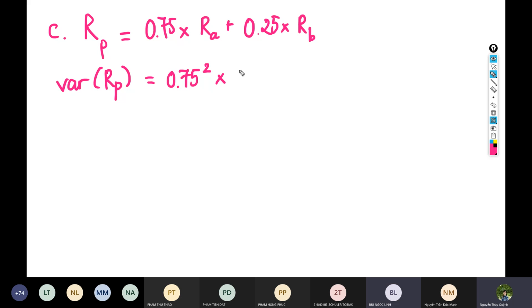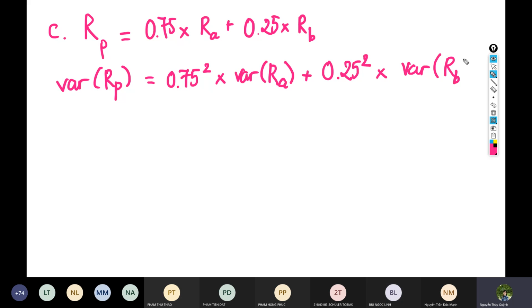Plus 0.25 squared, multiplied by the variance of RB.